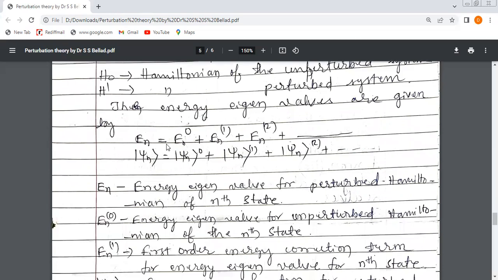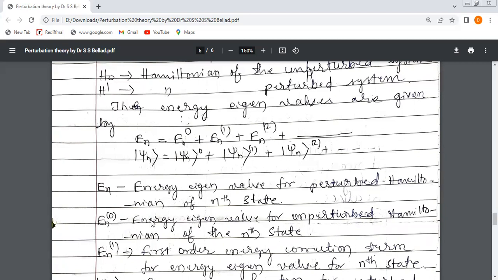So these are the eigenvalues. En is equal to En0 plus En1 plus En2 plus so on. The 0, 1, 2, 3 represent the zeroth order, first order, second order corrections for that particular state. Here En represents the energy eigenvalue for the perturbed Hamiltonian of the nth state. So this is the ground state, this is the first excited state, this is the second excited state, like that.